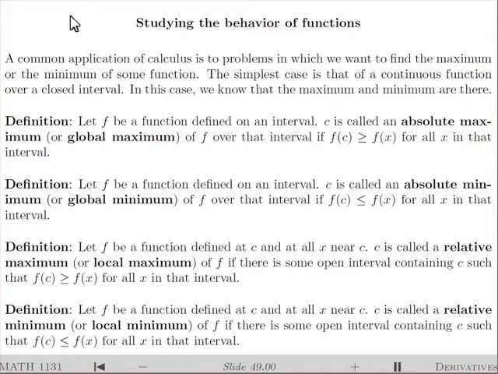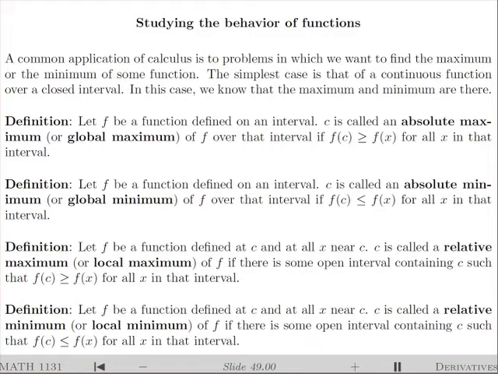Differential calculus actually only tells us about local behavior of functions. Most directly, it can only tell us about what are called relative or local extrema. So if f is a function that's defined in some open interval containing c, then we say that c is a local or relative maximum if there is some open interval containing c such that f of c is greater than or equal to f of x for all x in that small open interval.